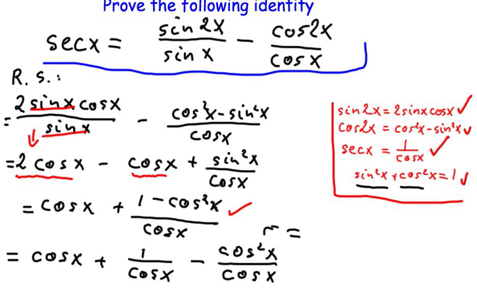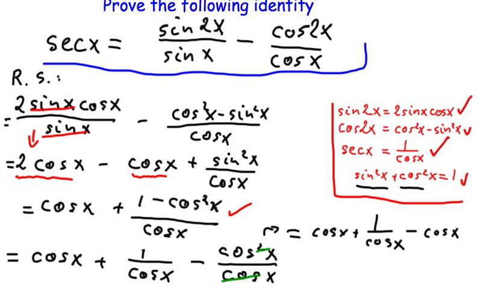Going to the next line. Continuing from here, the first term is just cos x, copy. Cos x, done. Plus 1 over cosine x. Okay, and now cosine squared x divided by cosine x will give you 1 cosine x. So you will say minus cosine x.